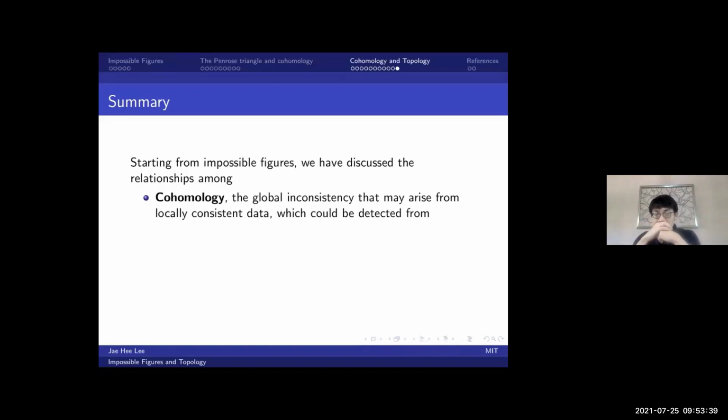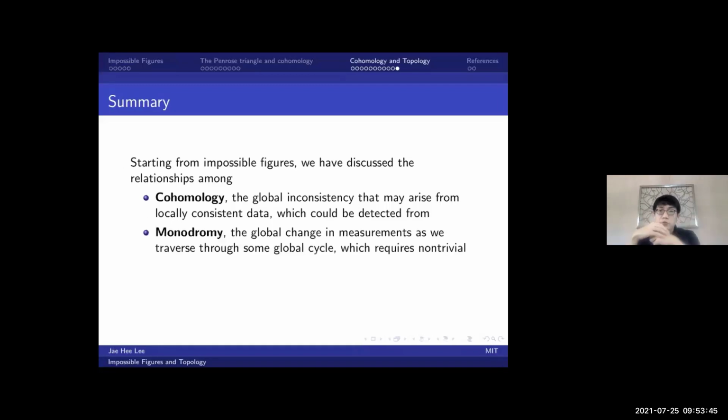That non-zero cohomology was detected from non-zero monodromy. As we walk around some circle inside our space, we make local corrections to our measurements as we move along, and we compile all of them. We pile up all the local corrections, and we move back to the same point. And if there was some change from the original situation you started with, that meant you had non-trivial monodromy.